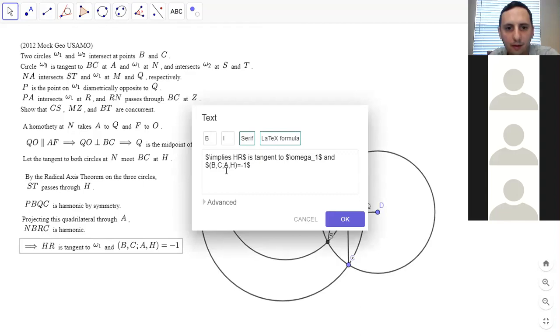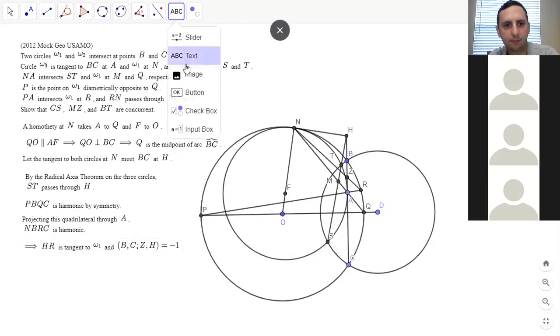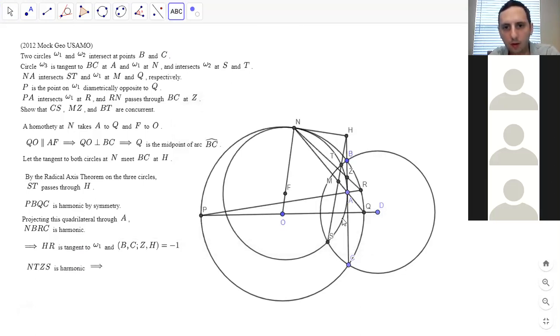Yeah, not A. So NTZS is harmonic. That means that TSMH is harmonic.